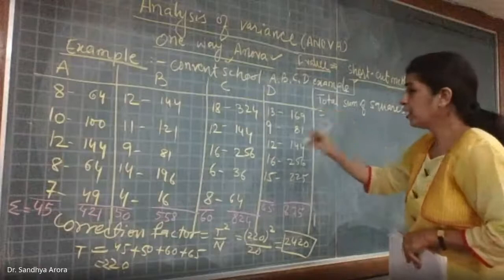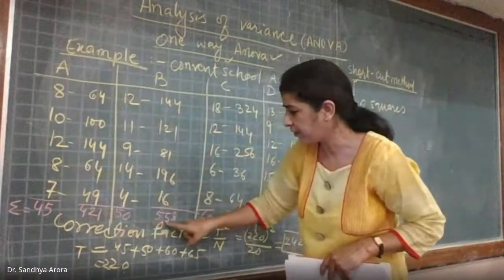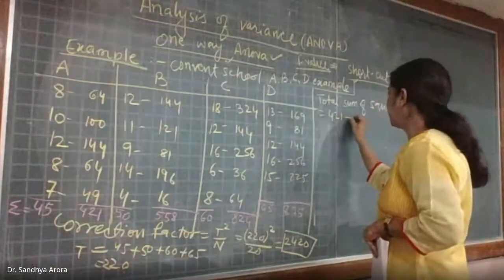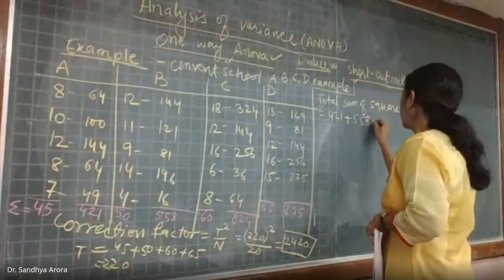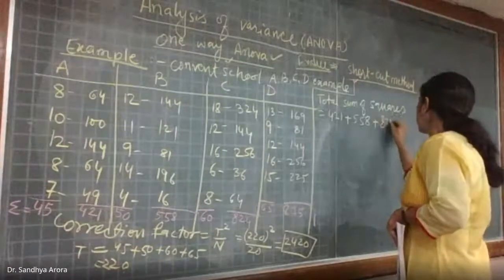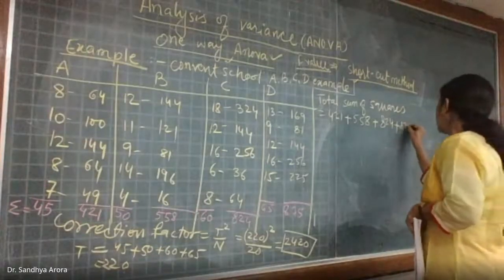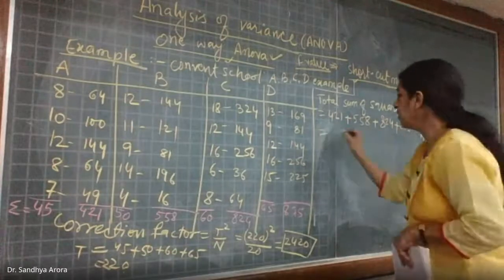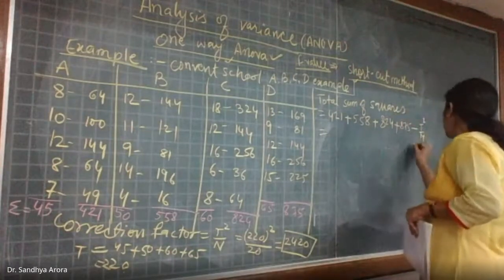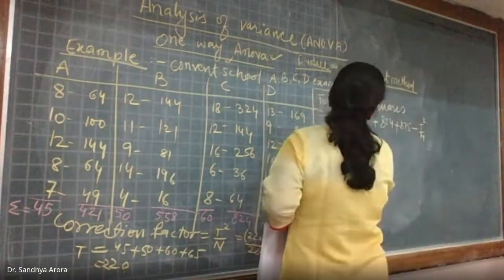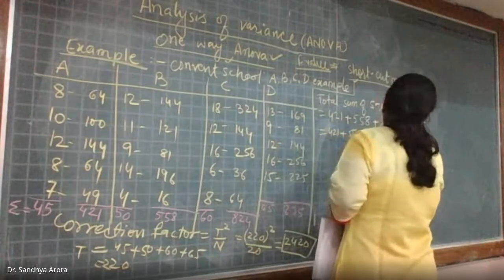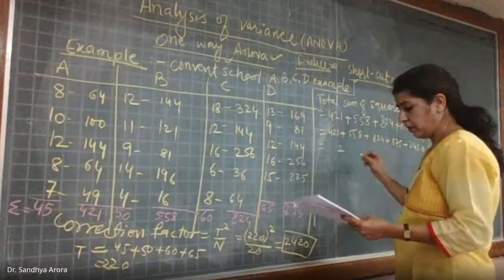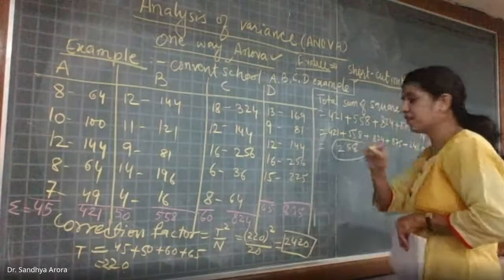The sum of squares total is 421 plus 558 plus 824 plus 875 minus the correction factor, that is minus T square upon N. So this will be 421 plus 558 plus 824 plus 875 minus 2420, which is 258.